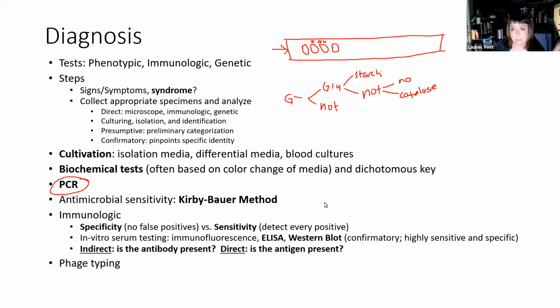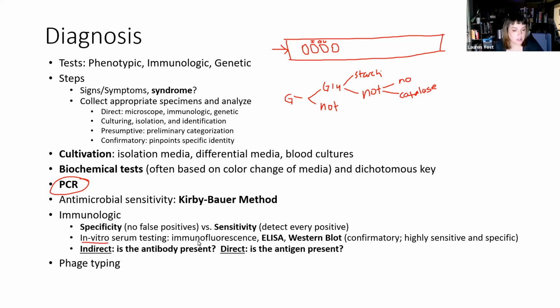They can be a combination. If you want your thing to be as specific and as sensitive as possible, which everybody does, but there's only so much you can control with that. So that's the idea with the difference between sensitivity and specificity.